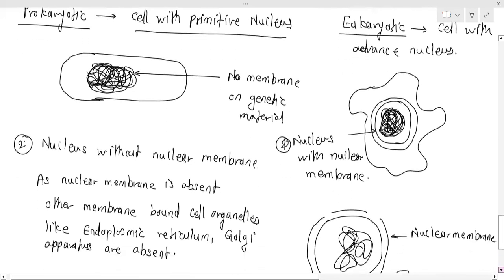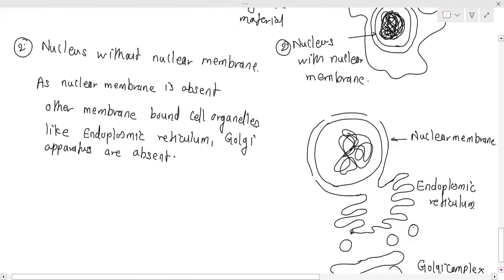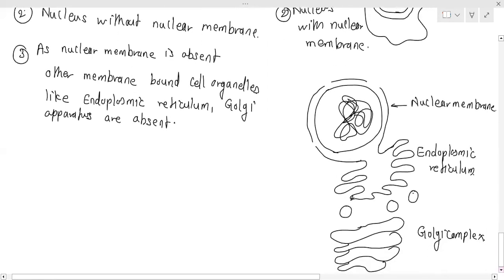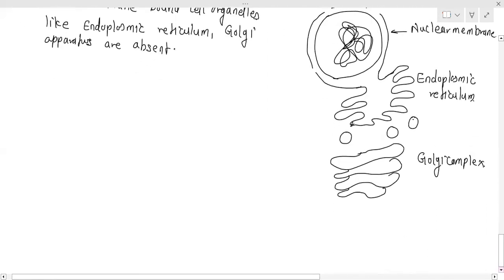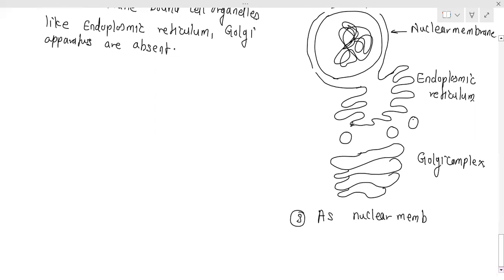Okay. Then this is the third point. Nuclear membrane absent, other cell organelles absent. Here we need to write in eukaryote: as nuclear membrane is present, this will be the third point. You can directly add this point in your short note.